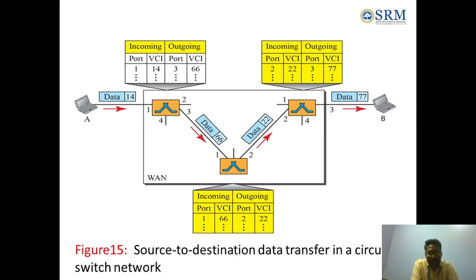This is the diagram from source to destination, showing how the data transfer happens in a circuit switched network.